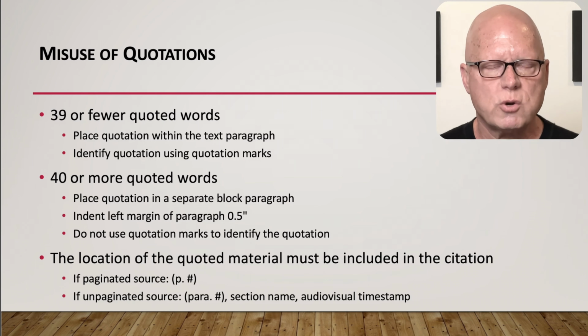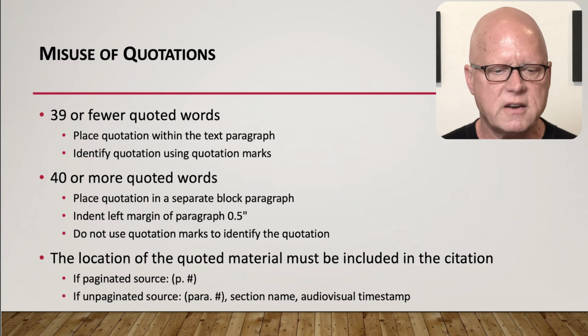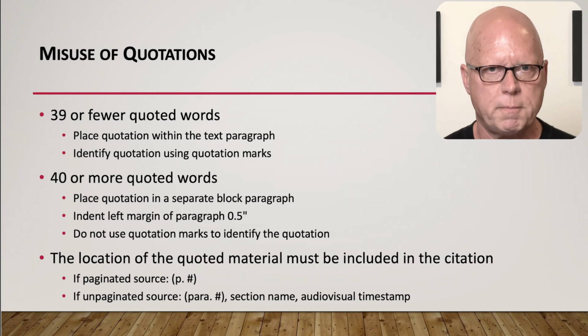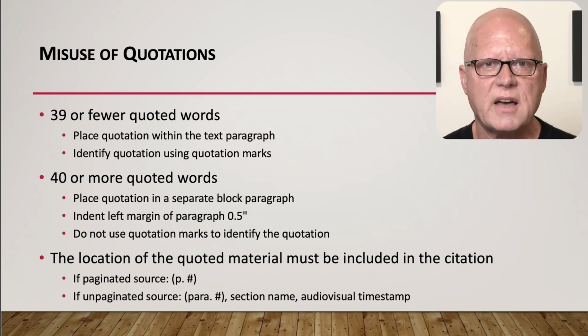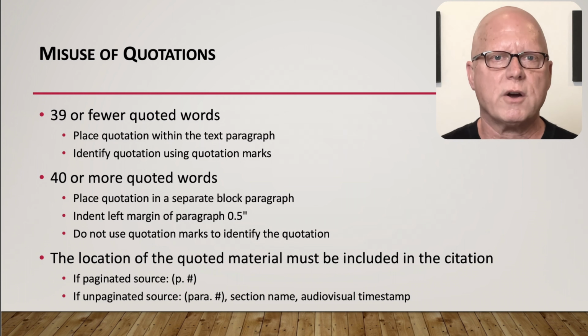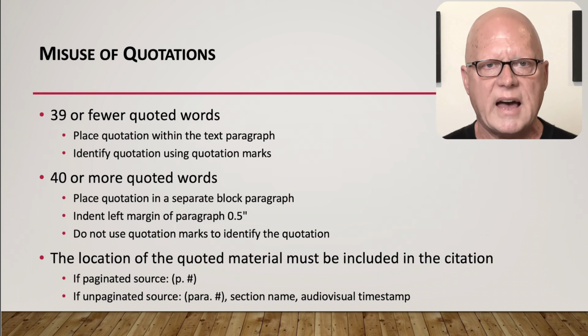If the quotation were 40 or more words long, then place the quotation in its own block paragraph, separate from your other paragraphs. And a block paragraph has the entire left margin of the paragraph moved over half an inch.